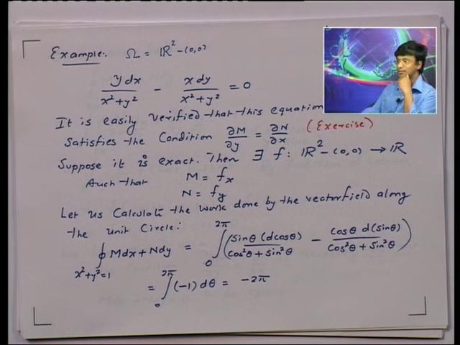But what is sin theta times d of cos theta? D of cos theta is minus sin theta d theta. D of sin theta is cos theta d theta. So what are you going to get? Minus 1 d theta from 0 to 2 pi. And what is the answer? Minus 2 pi. The work done is minus 2 pi along this circle.